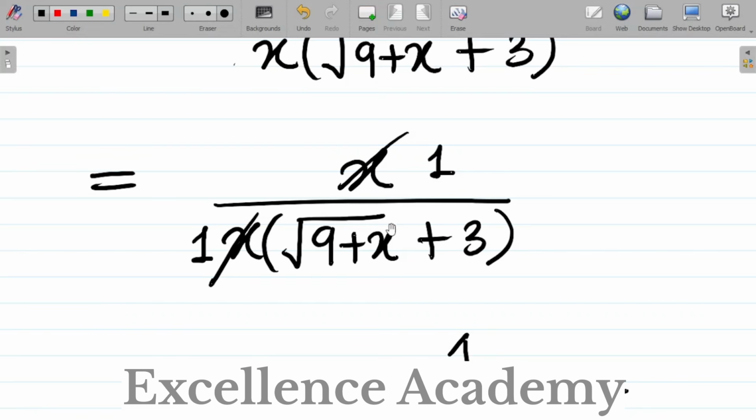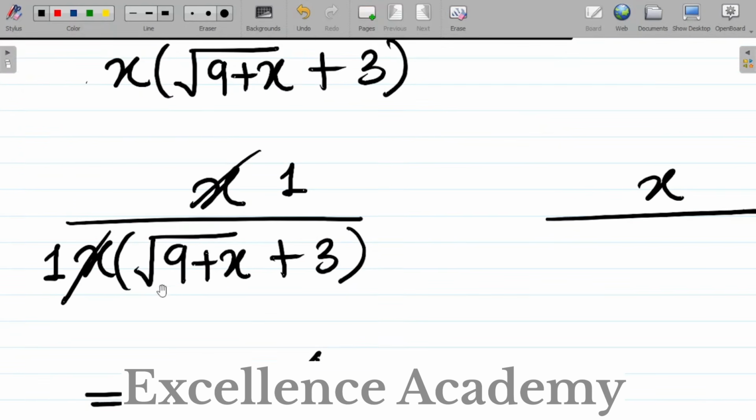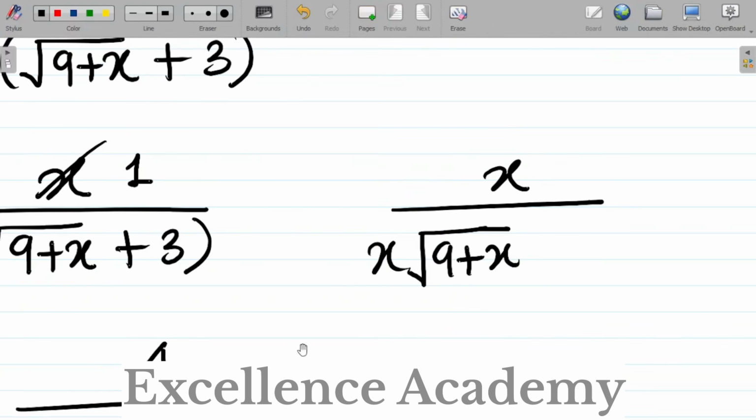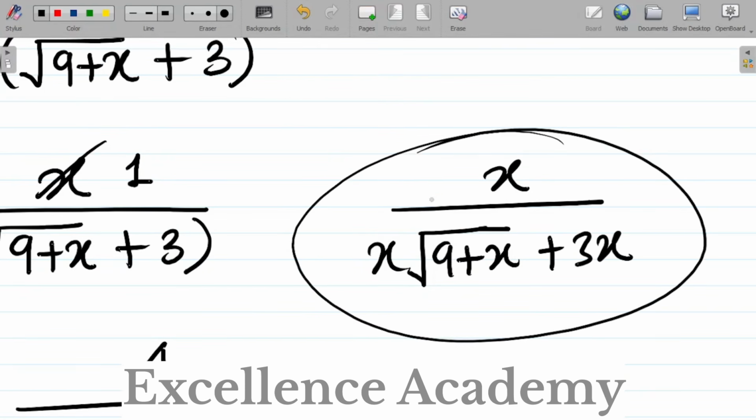Now, going back to this, you can now see why I said you should not expand. Assuming you had expanded here, you would have had something that looks like x all over x times 9 root x. That would be equal to 9 root x plus 9 plus x, and then x times plus 3 becomes plus 3x. Looking at this term here, it's not that easy to simplify.